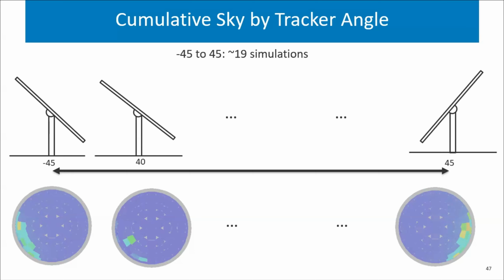And so you end up with only 19 simulations or so if you're doing every 5 degrees. So this is a way to go from a lot of simulations to fewer with the cumulative sky, because the tracker angle also changes a lot, right? So then your irradiance will also be very different.